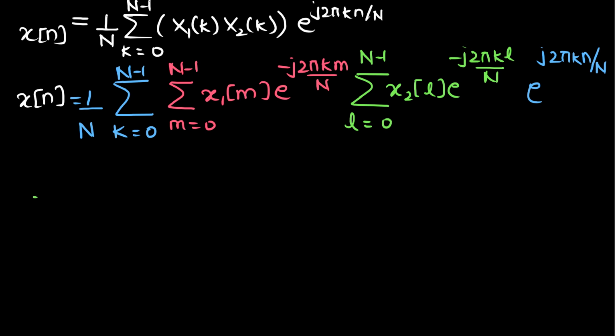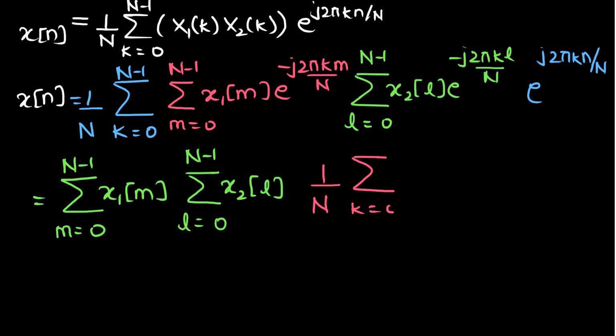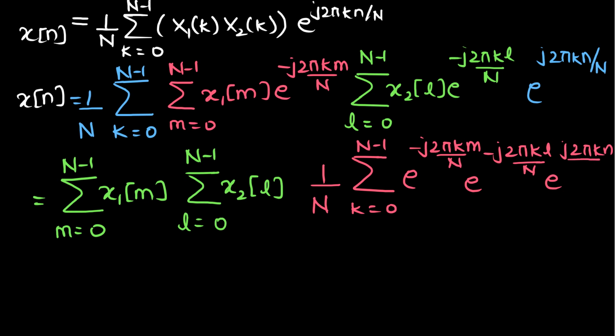So what we get is summation m running from 0 to N minus 1 x1 of m, then summation l running from 0 to N minus 1 x2 of l, and now we have this factor, that is 1 by N multiplied by summation k running from 0 to N minus 1 e to the power minus j 2 pi km by N, then e to the power minus j 2 pi kl by N into e to the power j 2 pi kn by capital N.